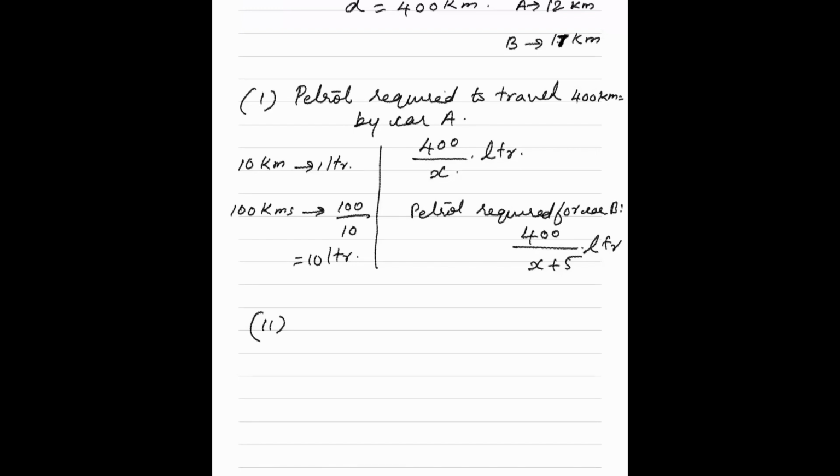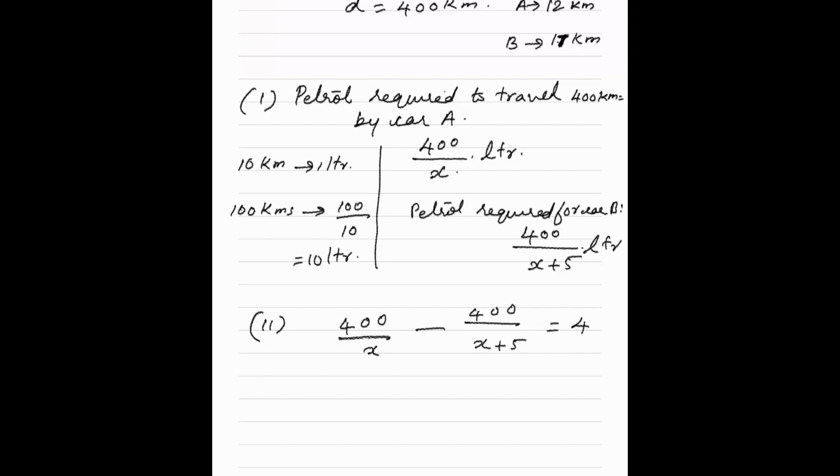So 400 by X minus 400 divided by X plus 5 is equal to 4, right? Car A takes 4 extra liters.